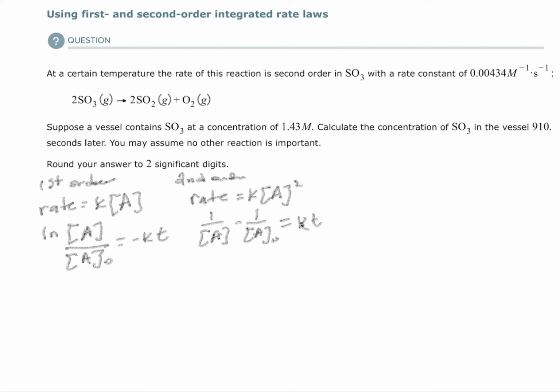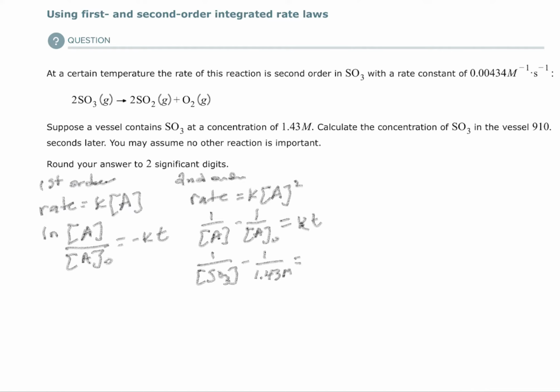Okay, so we know that our original was 1.43 molar, and we know that the stuff we're looking at is SO3. So I'm just going to recopy this as 1 over the molarity of SO3 minus 1 over the amount that I know, 1.43 molar concentration.